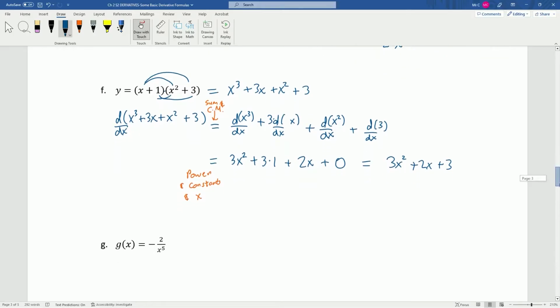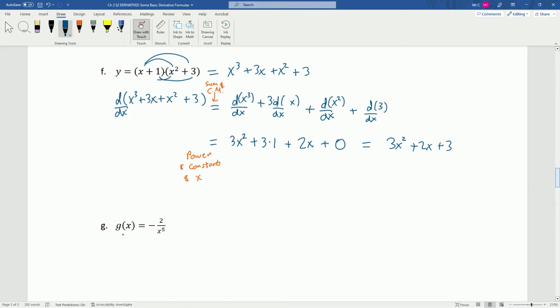Let's take a look at another quick example. We've got g of x equals negative 2 over x to the 5th. So first I'm going to rewrite this as negative 2 times x to the negative 5th. Now I have a nice x to a power. So when I go to apply my derivative rules, first I'll get negative 2 times the derivative with respect to x of x to the negative 5th.